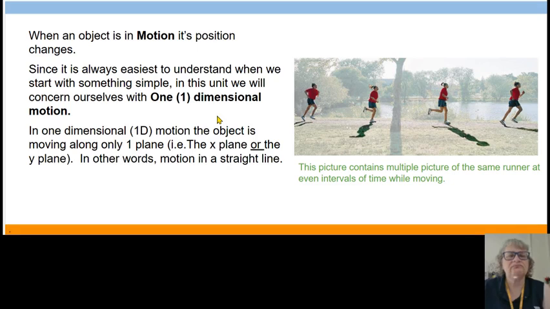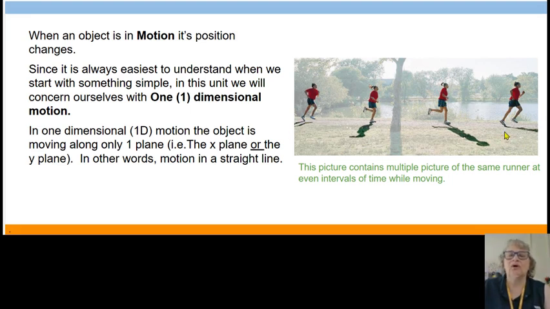Okay. So since it's always easiest to understand when we start with something simple, that means that we are going to start out with just looking at one-dimensional motion. Like in this picture, right? One-dimensional motion is you're either moving straight ahead, like moving on the ground, let's say.